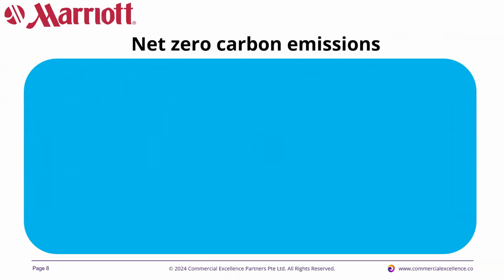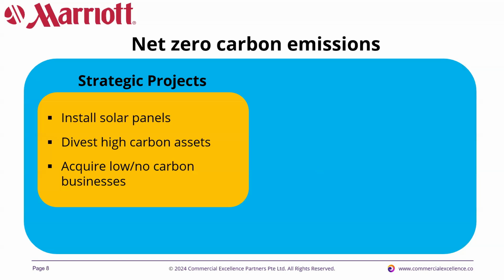So what are the different initiatives we can have in place that contribute to this goal? There are going to be a lot of strategic projects we can do. For example, we can install solar panels and replace fossil fuel consumption with cleaner renewable energy. We could divest high carbon assets that we might have. We could potentially acquire low or no carbon businesses or assets as well.